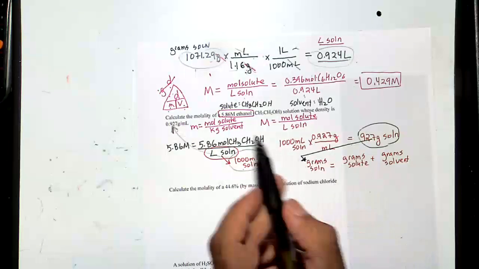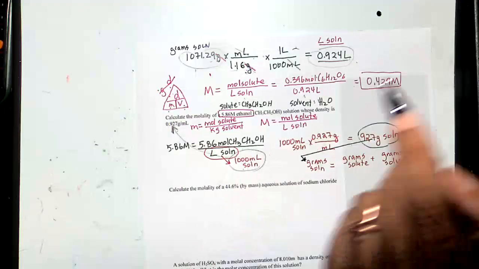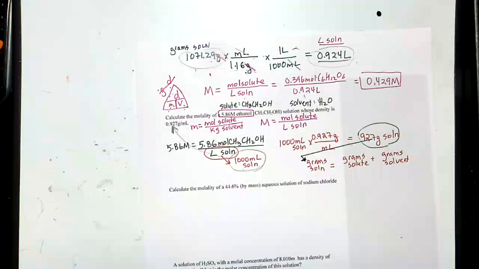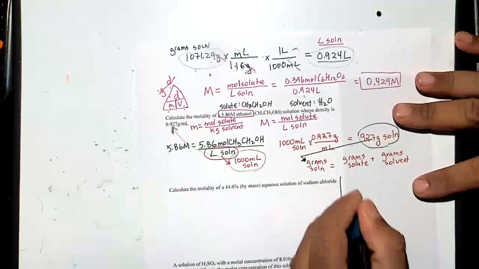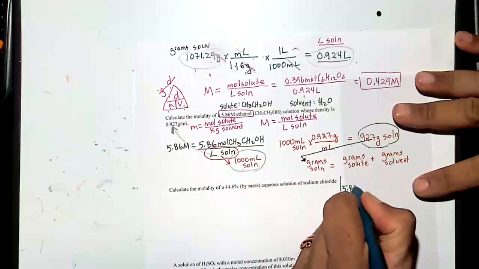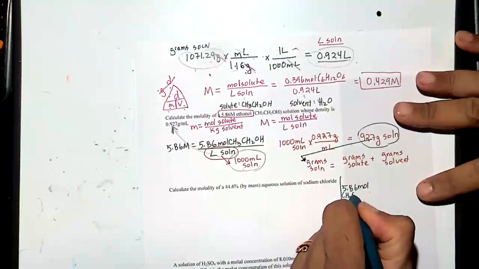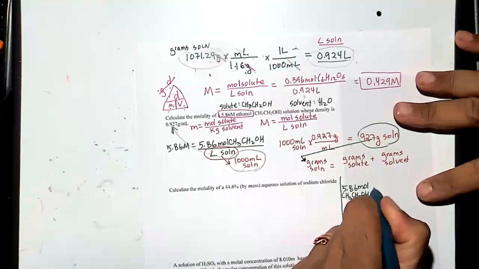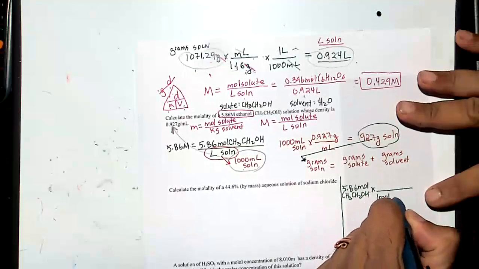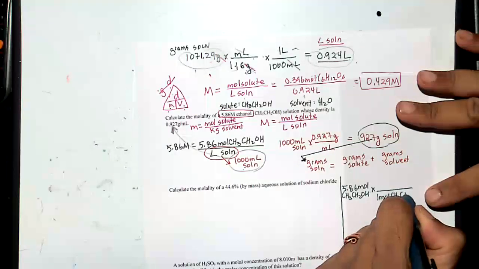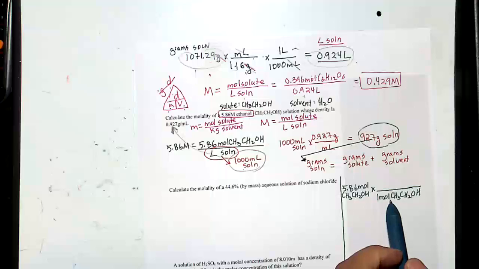What about our grams of solute? Let's take this 5.86 moles of ethanol and convert it to grams of ethanol. You guys know the molecular weight of this.